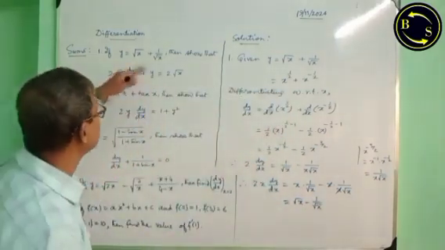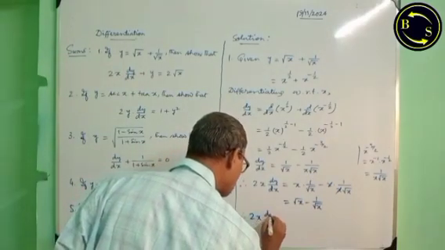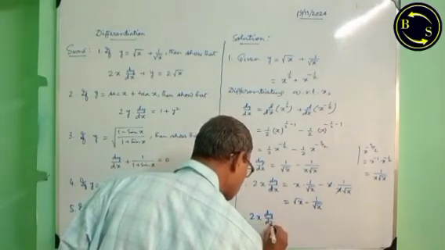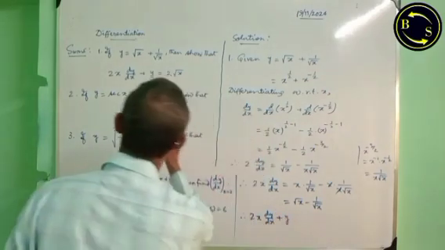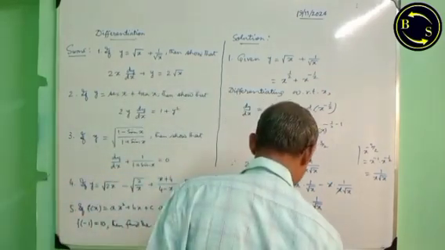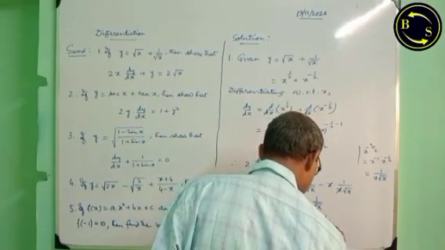Now we add this one. Therefore 2x dy dx plus y, that means left hand side, is equal to root x minus 1 by root x.